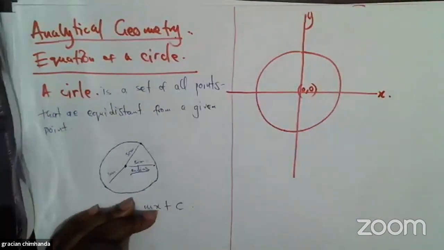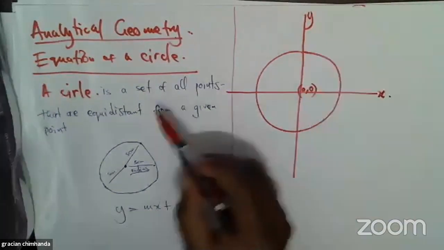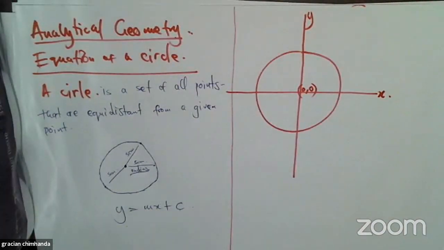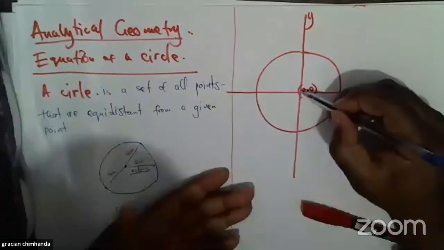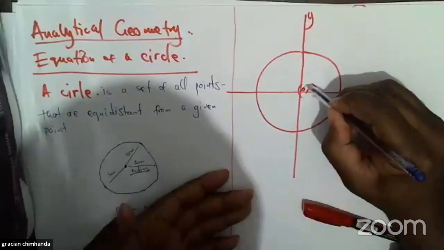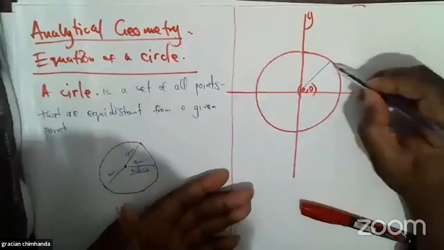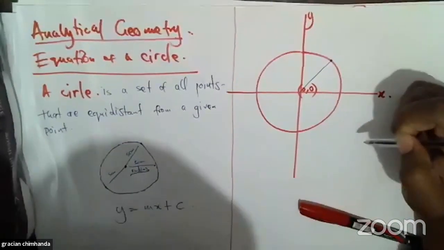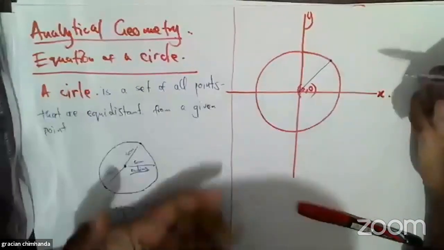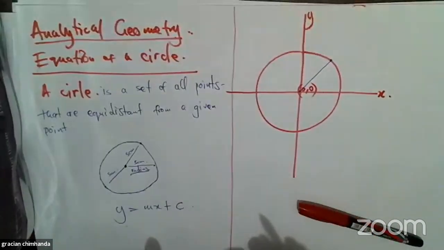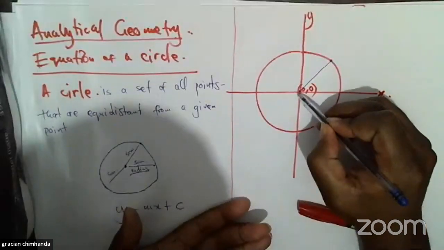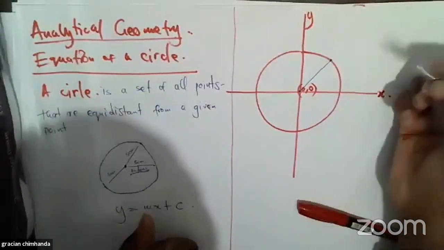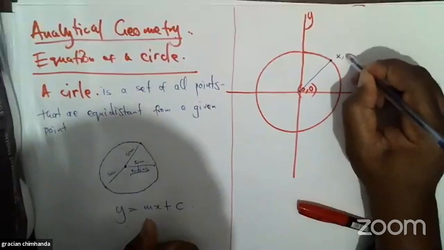This is the y-axis, this is the x-axis, right? So what properties are we interested in when we look at a circle? We are looking at how far each point is from the center. Let's say our circle has a center which is the origin. So let's call this point x and y.